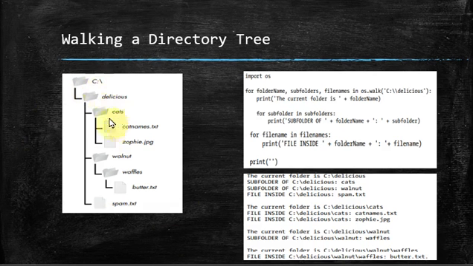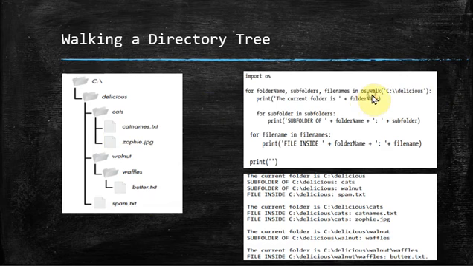Under delicious you have subfolders cats and walnut, and a file spam.txt. Under cats you have catnames and zophie, and under walnut you have waffles and butter.txt. You need to visit all those files, and for that we have a function in Python called os.walk.